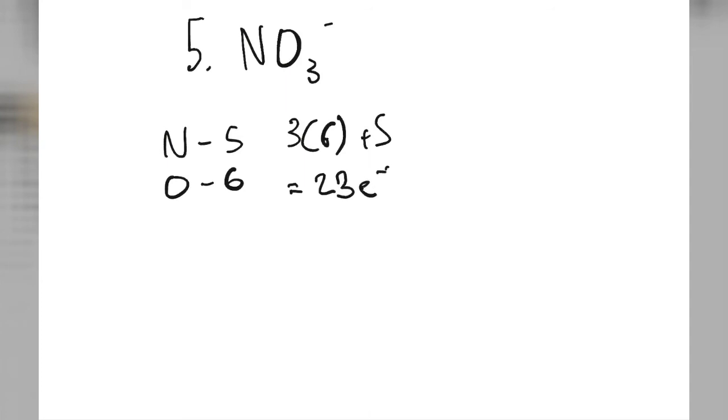Now let's draw. Nitrogen is the least electronegative, so for that reason it'll go in the center, and the oxygens will surround it. In this case, we have a total of 3. What we're going to do is look at the most possible cases for this.